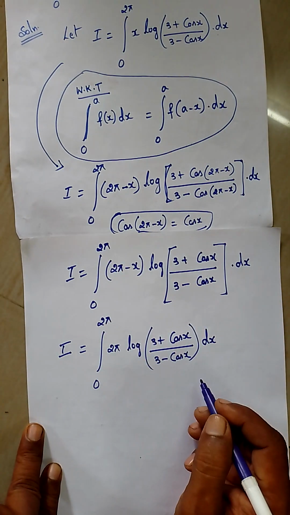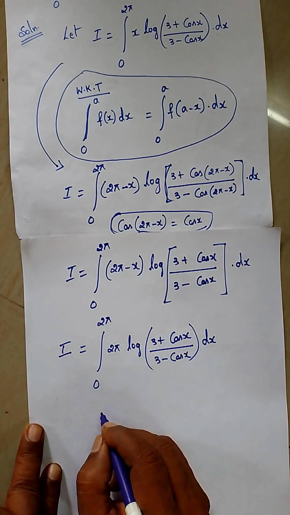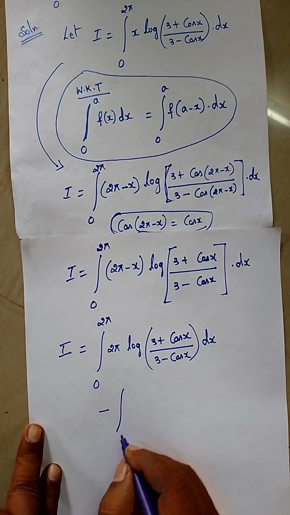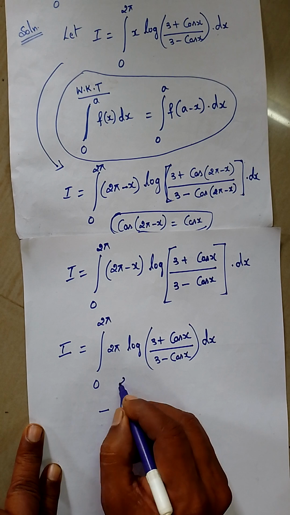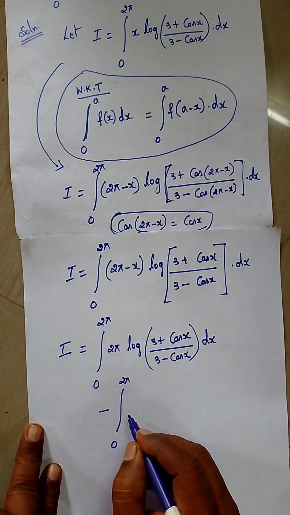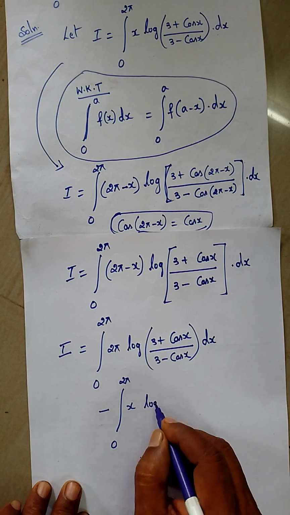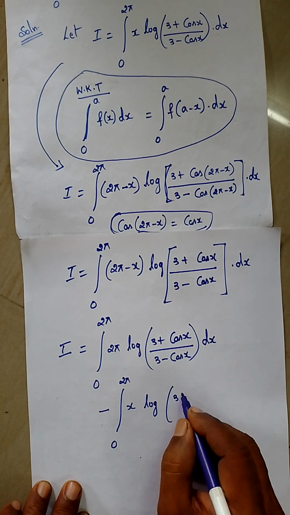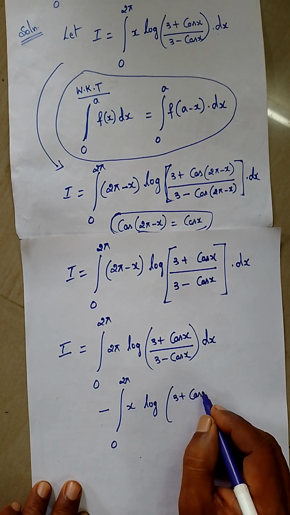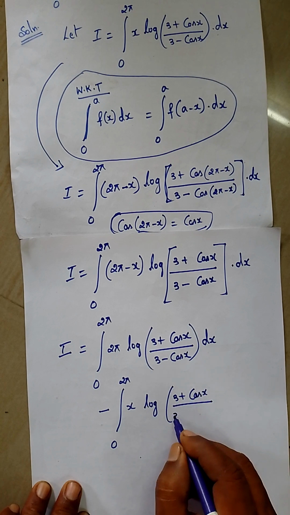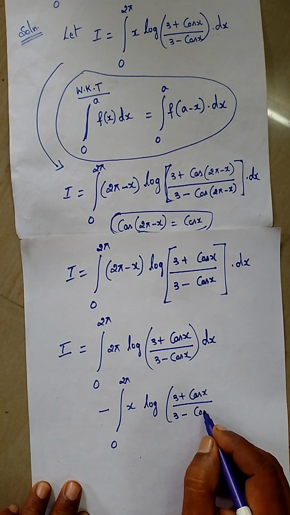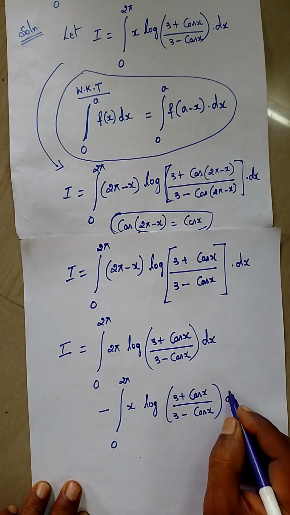Then we have the second integral. Here we have a minus sign, so minus the integral from 0 to 2π of x log((3 + cos x)/(3 − cos x)) dx.